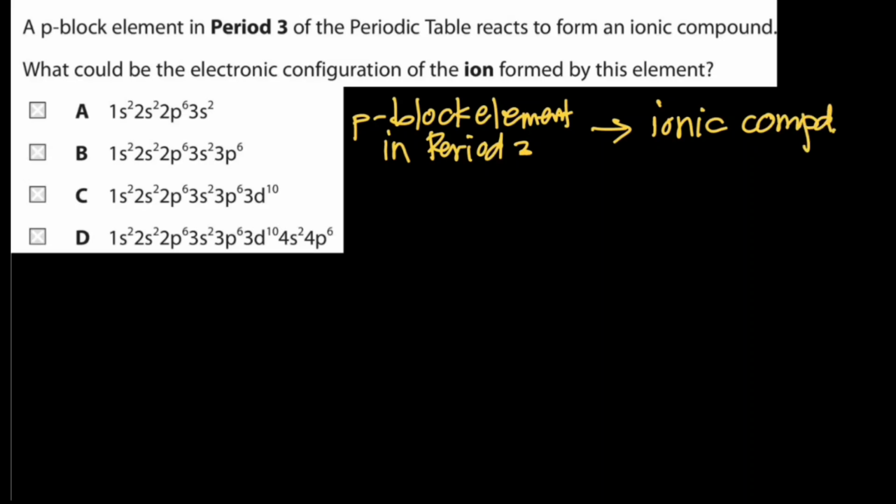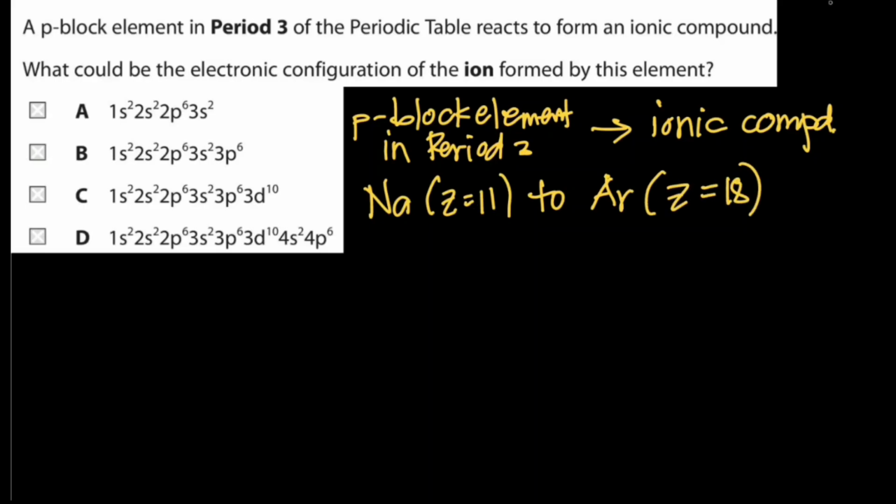Now let's first identify the p-block elements in period 3. So that would be from sodium, which has an atomic number of 11, to argon, which is an inert gas with atomic number 18.